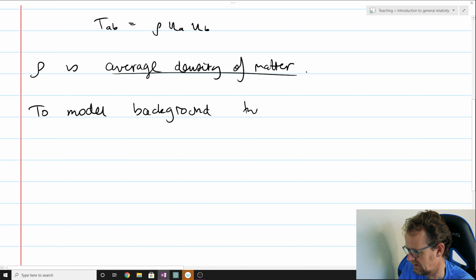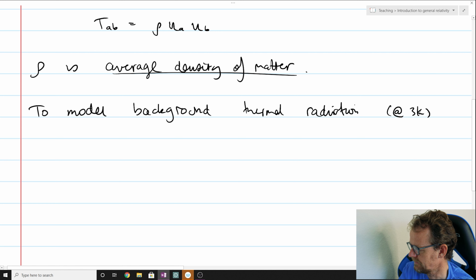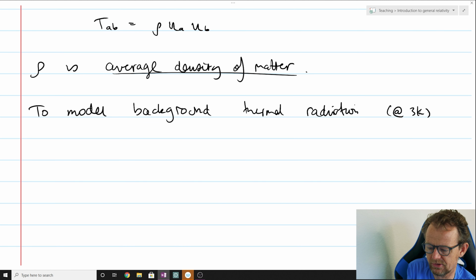There is experimentally determined background thermal radiation throughout our universe. It's at approximately a temperature of 3 Kelvin, and we're going to model this background radiation also as a perfect fluid.